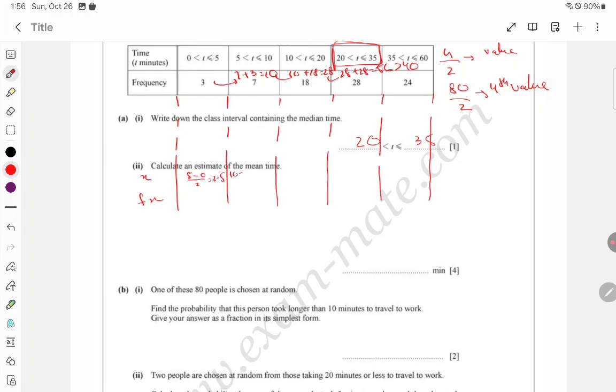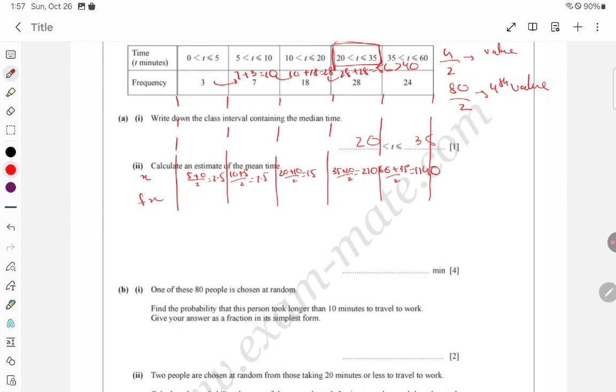Again, 10 plus 5 divided by 2, 7.5. Again, 20 plus 10 divided by 2, 15. Again, 35 plus 20 divided by 2 is equal to 27.5. And for the last, 60 plus 35 divided by 2 is equal to 47.5.